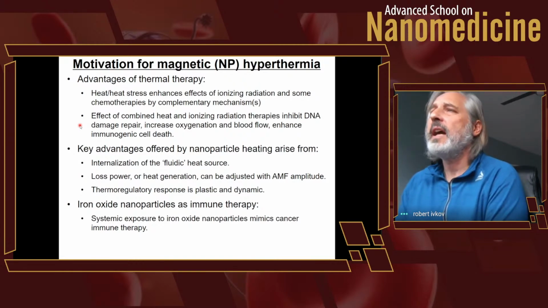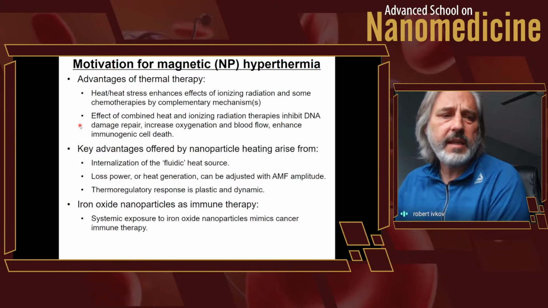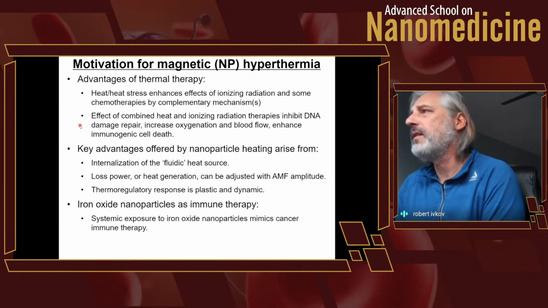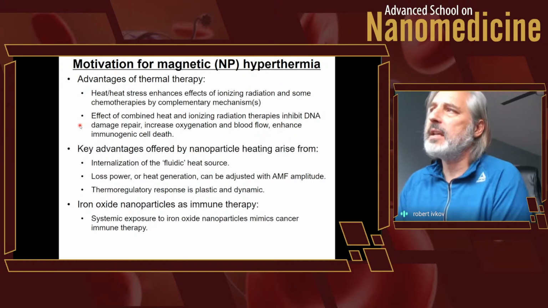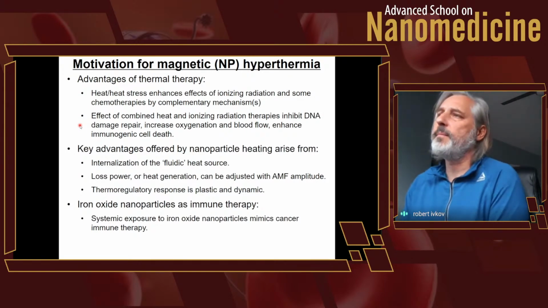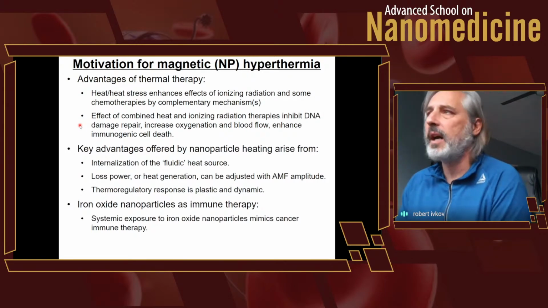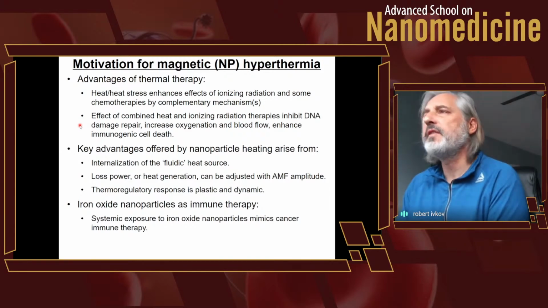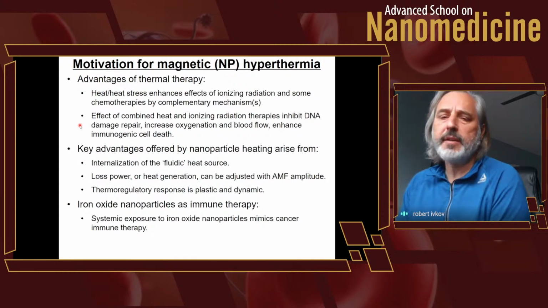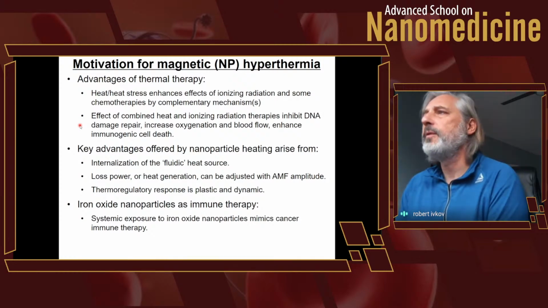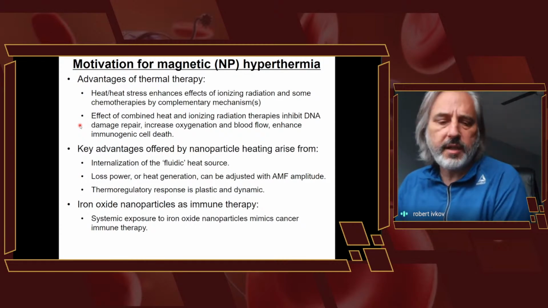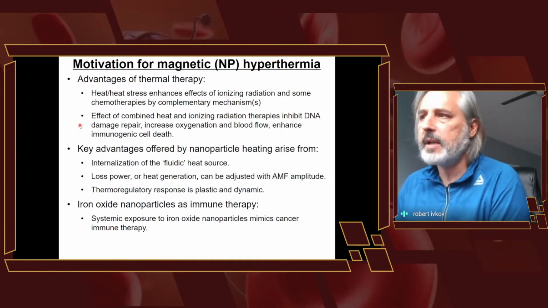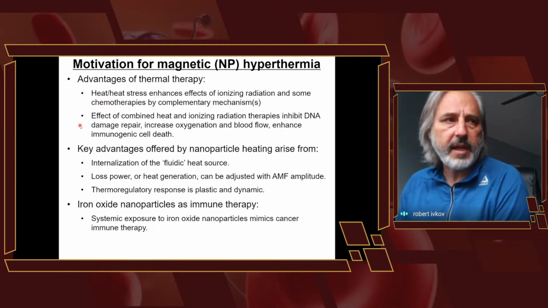When heat is combined, the repair mechanisms of the cells are inhibited or abrogated, and the cells will die. Physiologically, the effect of heat on tissues is to increase perfusion and blood flow, and this increases oxygenation, which enhances radiation therapy. And we have to be careful here.